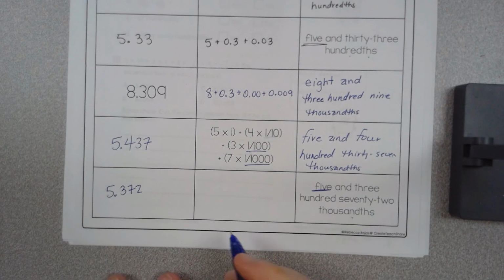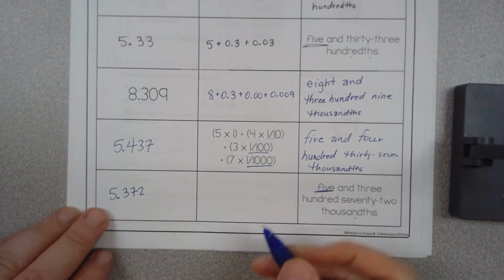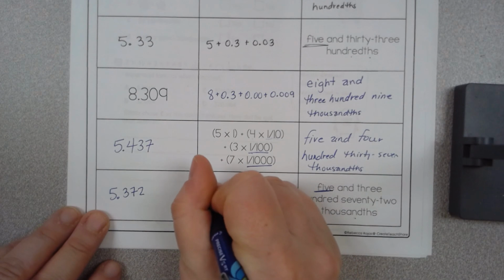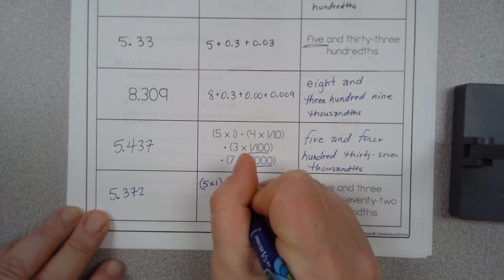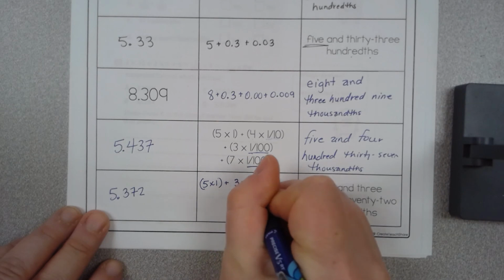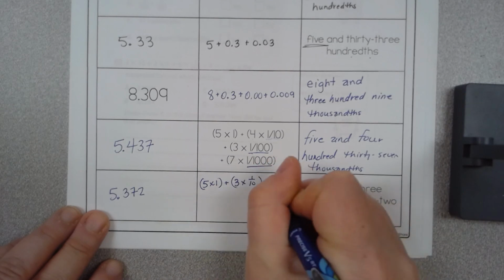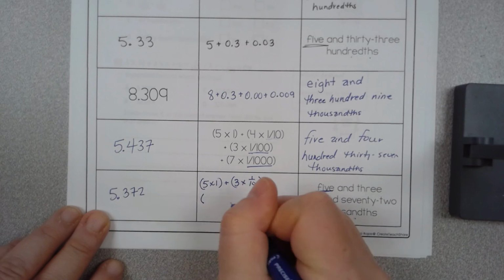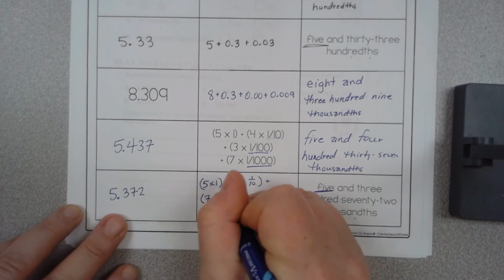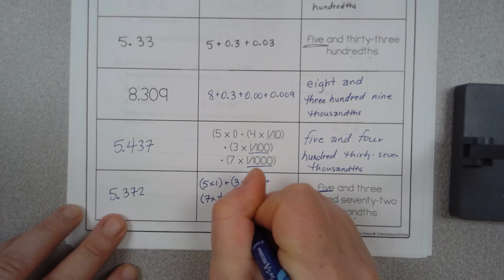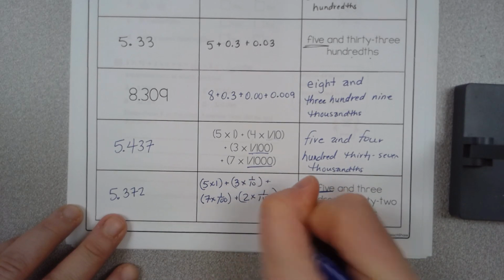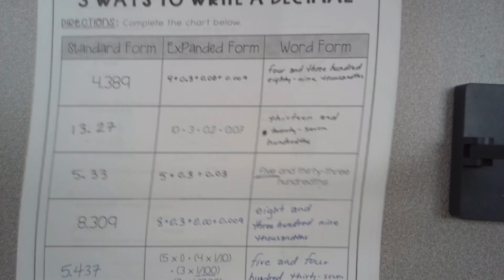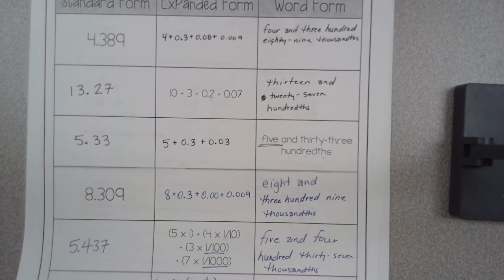Then let's go ahead and do it how they did it. So 5 times 1 plus 3 times 1/10 plus 7 times 1/100 plus 2 times 1/1,000. All right, so there you go. Writing expanded form, or writing decimals in 3 different ways.